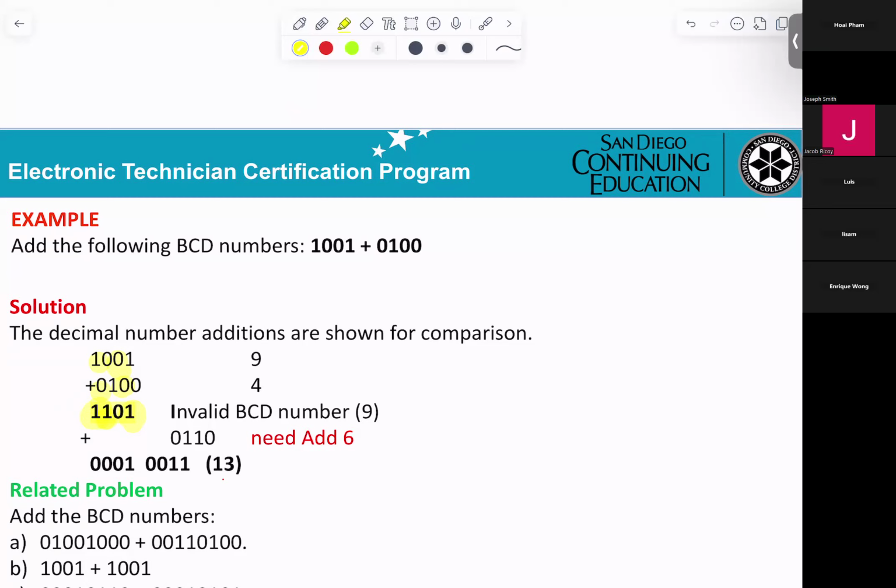We don't have a number 13 in BCD. So that's why they show you invalid BCD number. That will be 13. Now, what you need, add number 6.